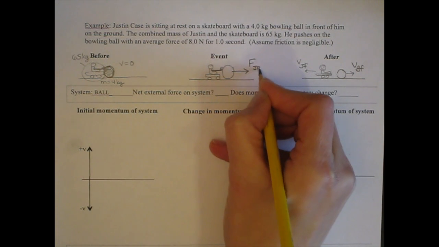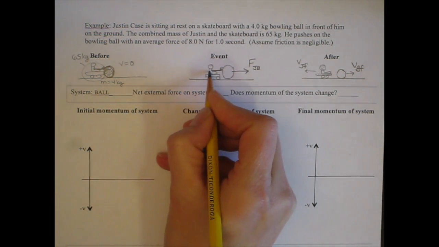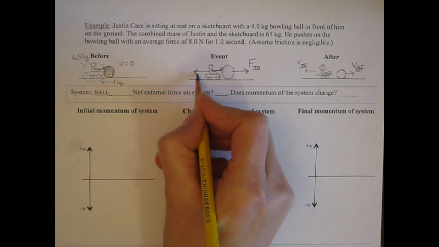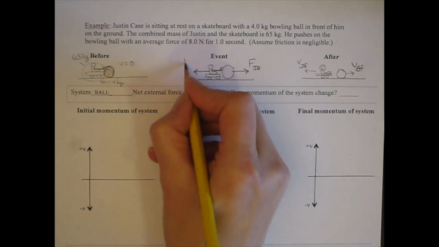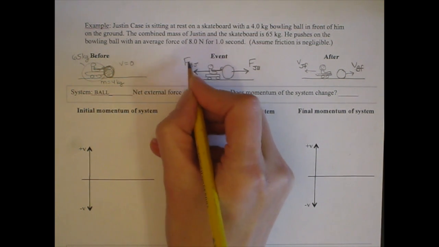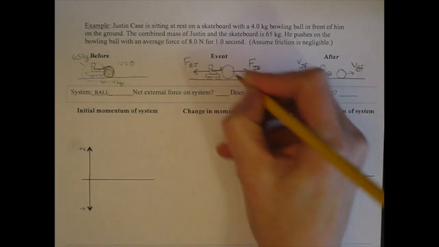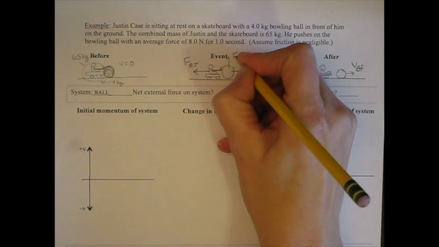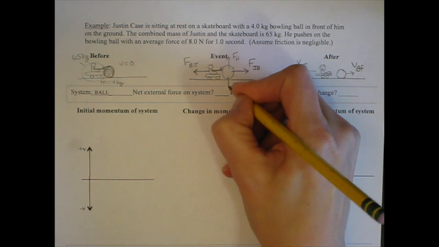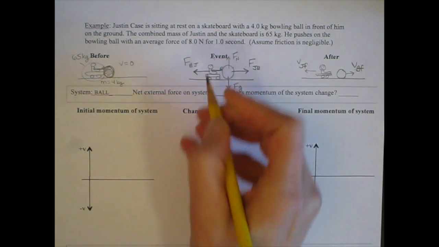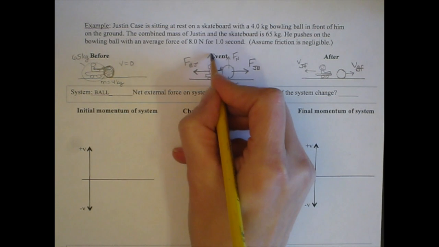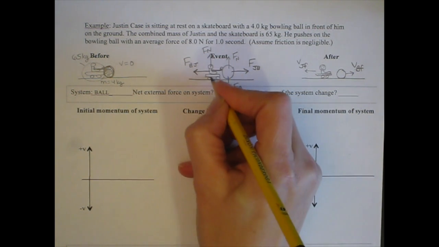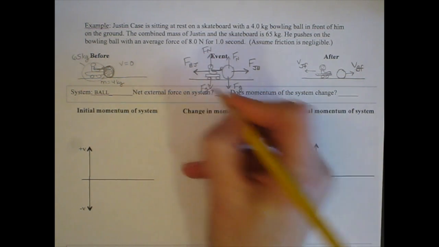And then by Newton's third law, there would be an equal and opposite force of the ball on Justin. And then there's going to be a force of gravity on the ball and a normal force. And same thing for Justin and the skateboard, a normal force and a force of gravity.